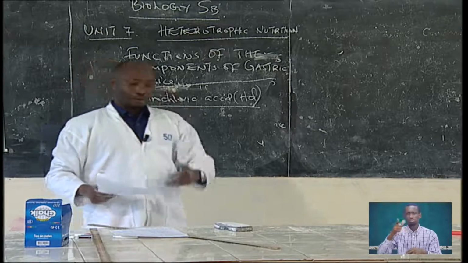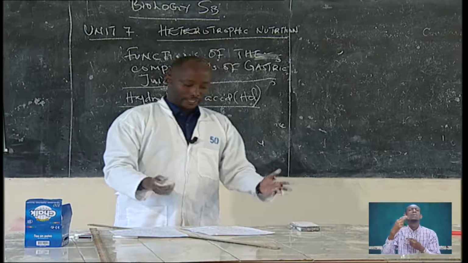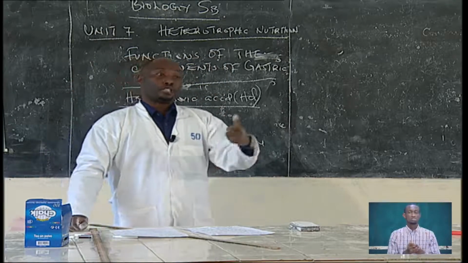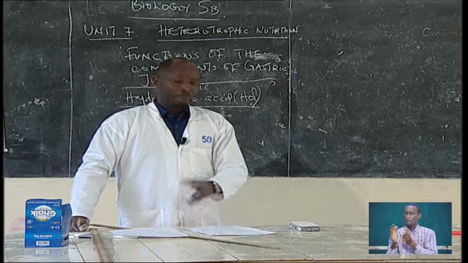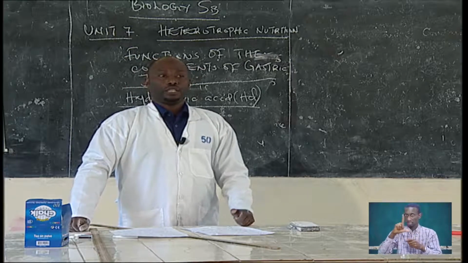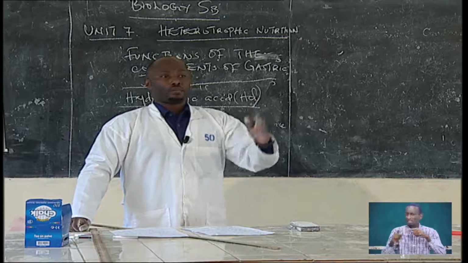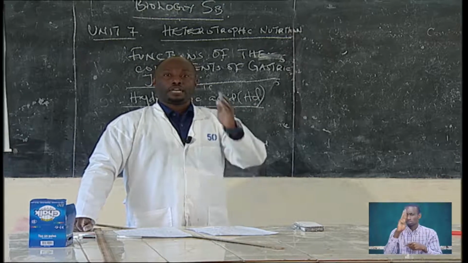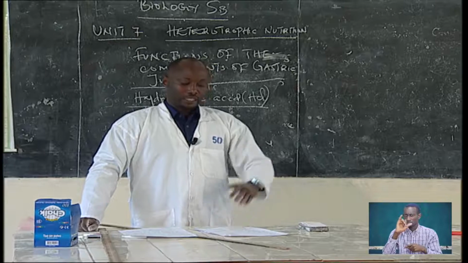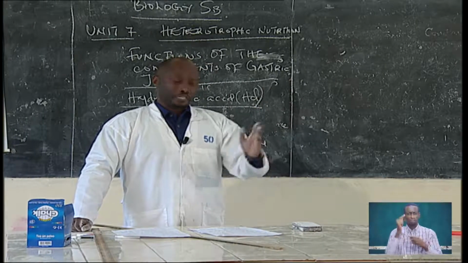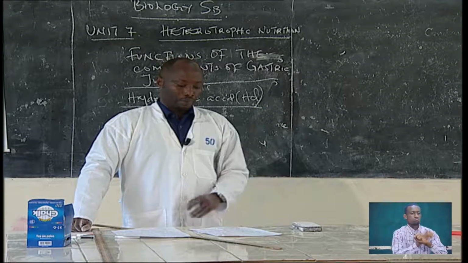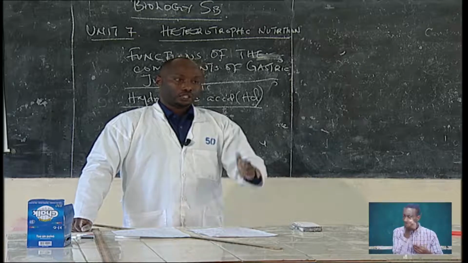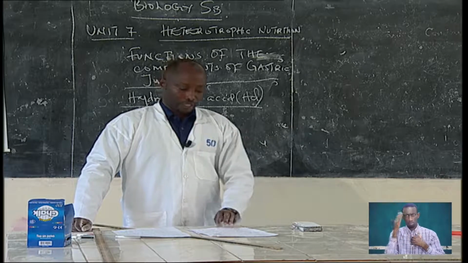I will mention some of its functions. Number one, it kills microorganisms, including the bacteria that may be present in the food. So it helps to protect the body against some bacterial infections.